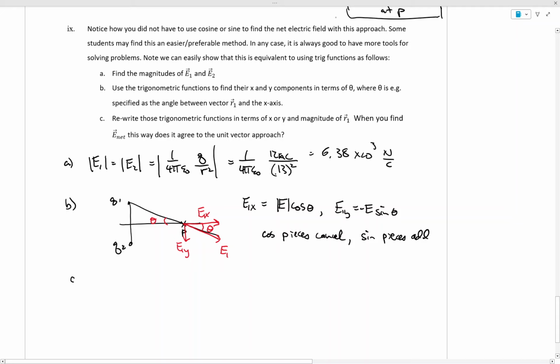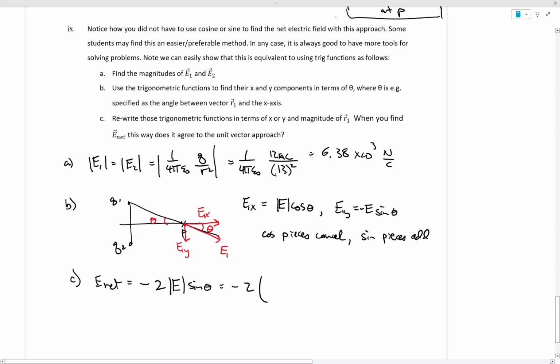So what does that mean? Well, our E net then would be negative 2, because there are two components that are adding together that are the same, times the magnitude times sine theta. And what does that look like? It'd be negative 2.